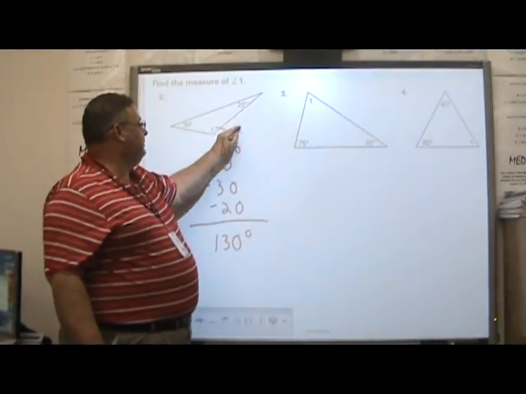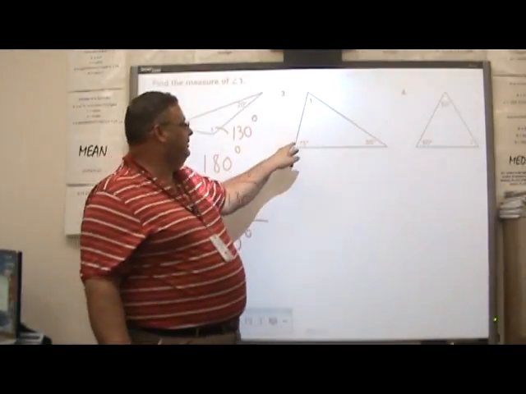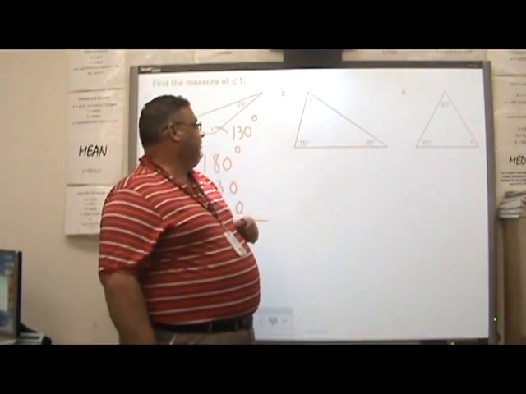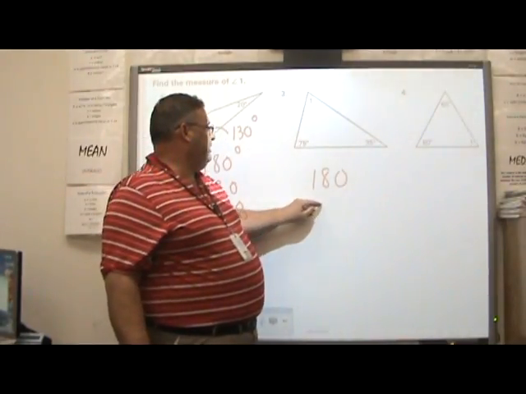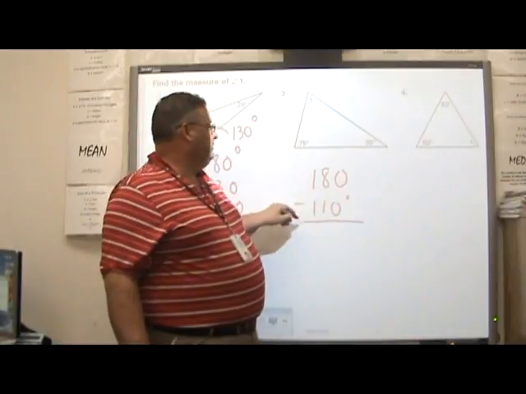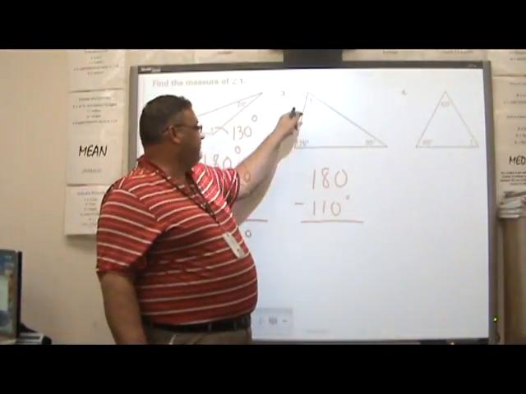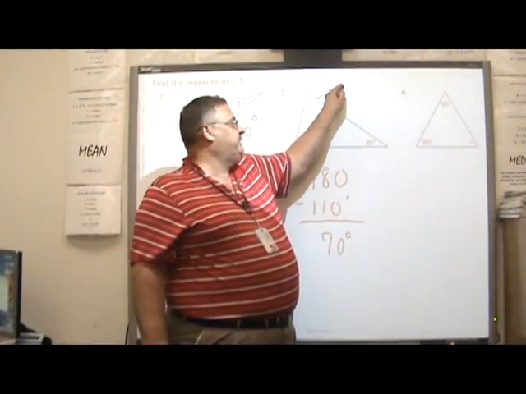So angle 1 would be 130 degrees. Over here, 75 plus 35 would be 110, so 180 minus 110. So taking 180, subtracting the 2 I know to find the one I don't know, the missing angle is 70.